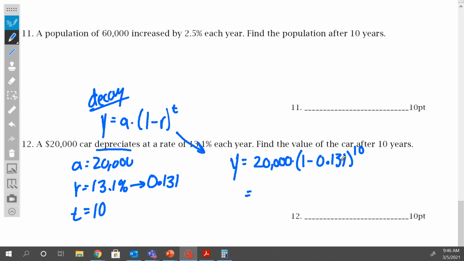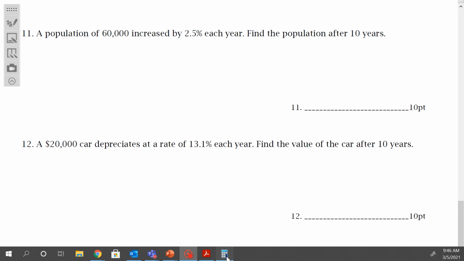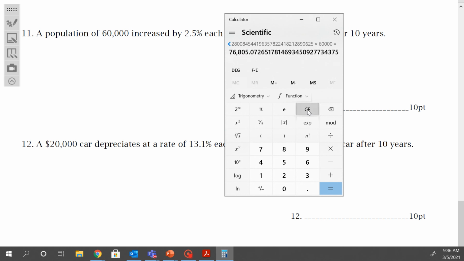Okay, so we'll do this all using PEMDAS. So we do this first, raise to the 10th, multiply by 20,000. So 1 minus 0.131, this, raise that to the 10th power, this, and then multiply by 20,000.